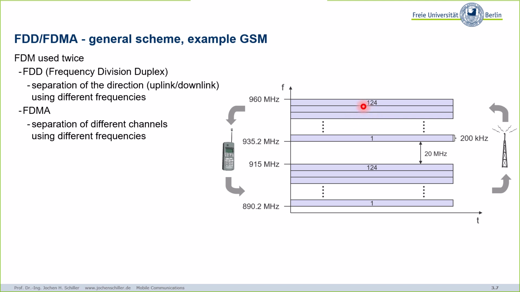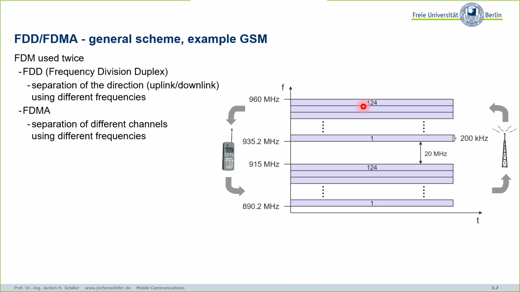These bands are called paired bands because we have the same bandwidth for the downlink as for the uplink. Those systems were made for voice communication, which is symmetric.